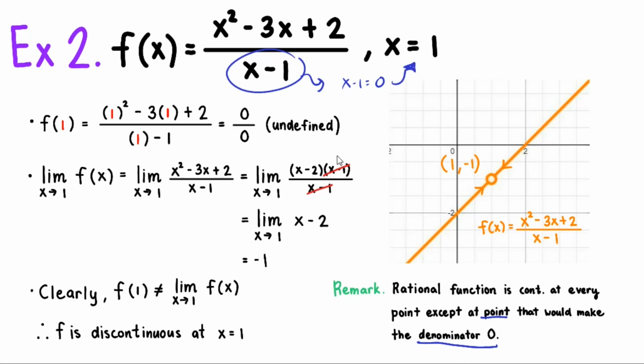That is why we had a discontinuity at x equals 1. But if you check at the other points, like at this point, at this point, at this point, clearly the given function based on its graph is continuous at it. So that is how the polynomial and rational functions work in terms of their continuity at a point.